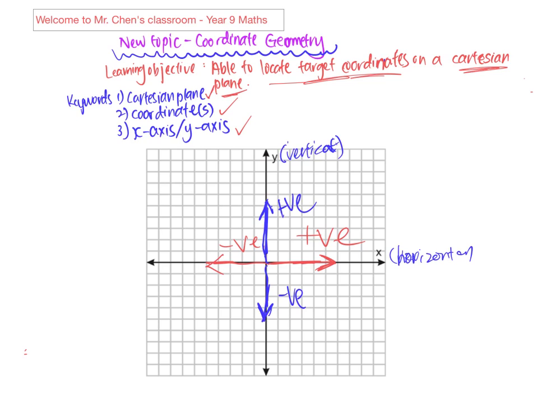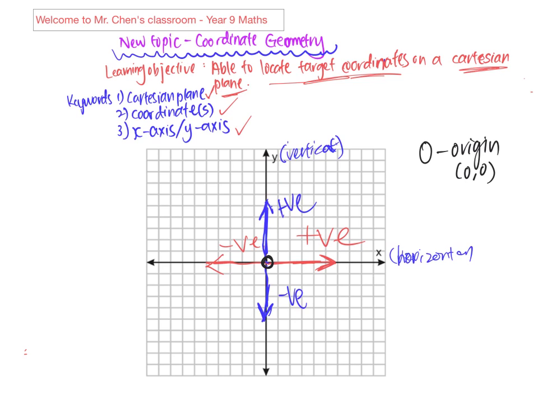I'm going to put some numbers in. Since anything going to the right-hand side is positive, you start here. Oh, by the way, I forgot the most important bit, which is the origin. This is the origin. It's called O. O is your origin, and it has the coordinates 0 and 0.